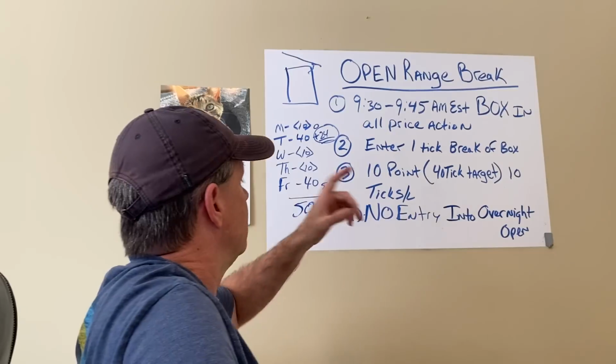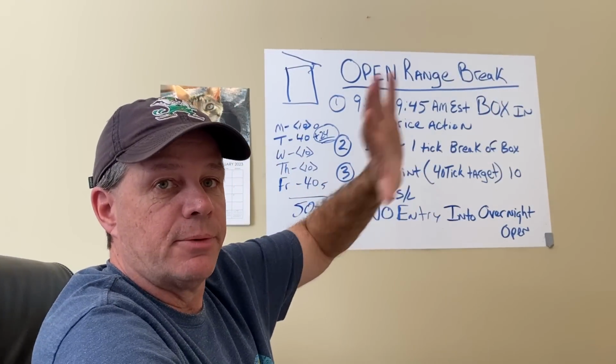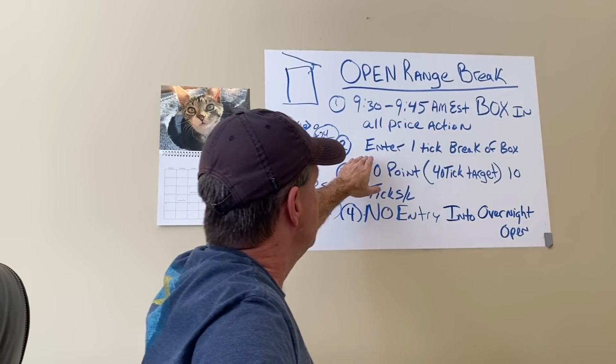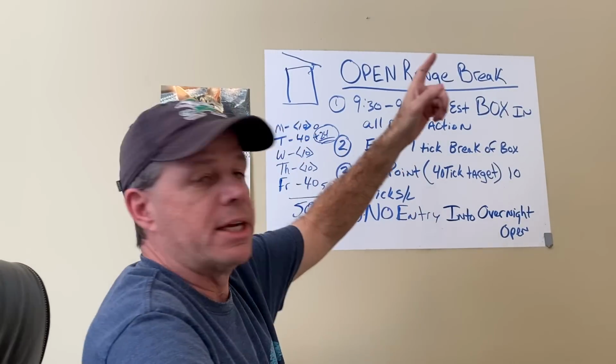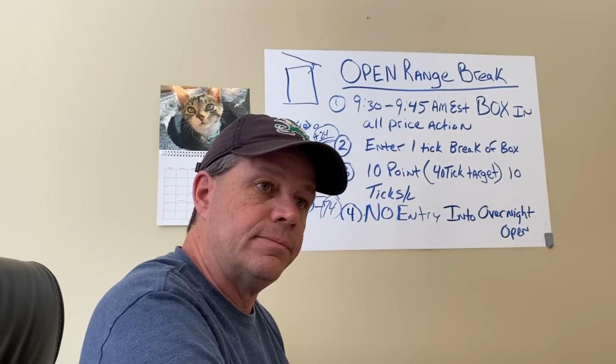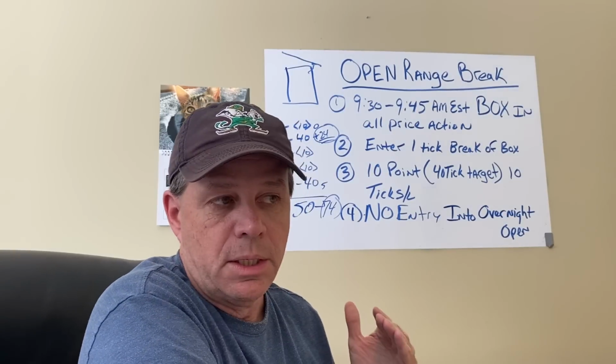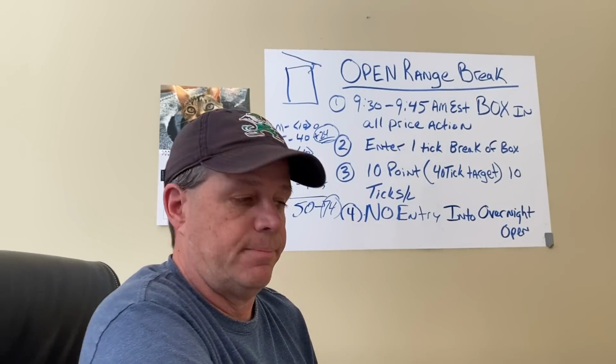So what I'll do is I'll show you what I mean by the box, by creating the box. And then what you do is you enter one tick of the break of the box, one direction or the other. And then you have basically a 10 tick stop.